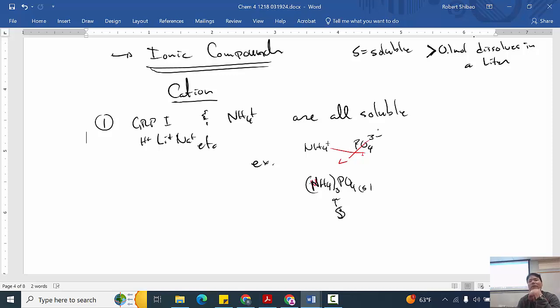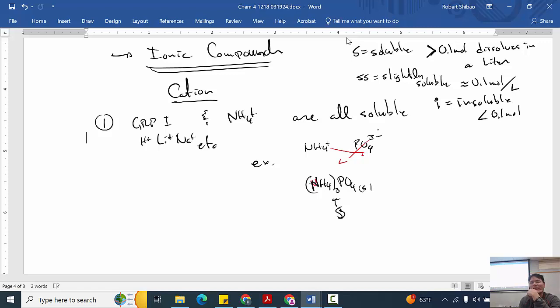Salt and ionic compound are basically the same, except for acids, which begin with H. We have SS, which stands for slightly soluble. Slightly soluble is about 0.1 moles will dissolve in a liter. And then we have insoluble. Insoluble is less than 0.1 mole will dissolve in a liter. And so ammonium phosphate is soluble.